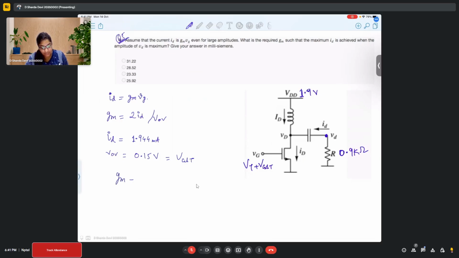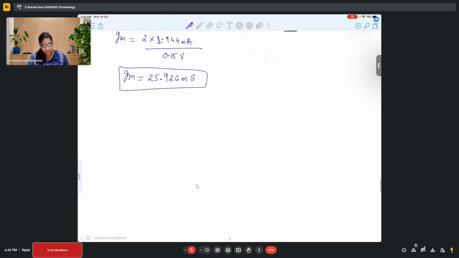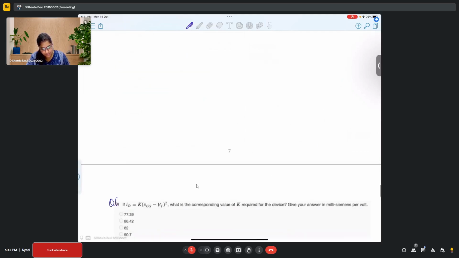So from here, the value of GM turns out to be 2 into 1.944 milliamperes by 0.15 volt. So the value of GM turns out to be 25.926 millisiemens, right?